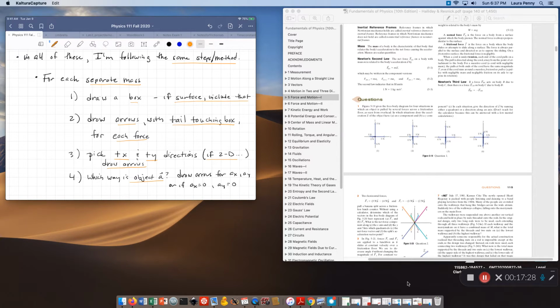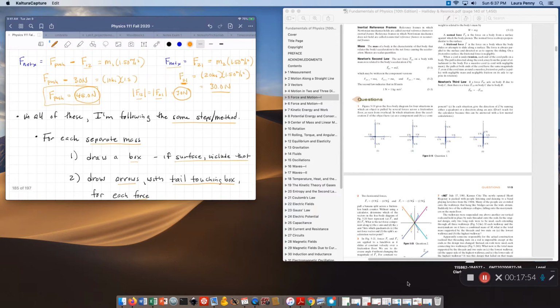If you think it has an acceleration in the x direction, you should draw an arrow for the direction of it. If you actually know that amount, like we did in the last problem, then you should include that as well. If you think it's accelerating in the y direction, again, draw an arrow for that. If they're not accelerating, if you know they're not or you think they're not, then you should write out that a sub x is 0 and a sub y is 0.